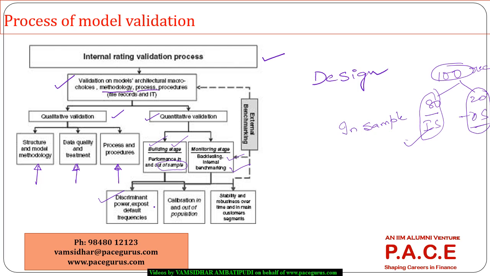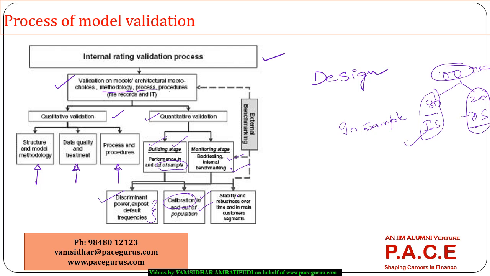We are looking at ex post default frequencies to understand the accuracy of the model. Then we are also doing the calibration both in the population as well as out of the population. We take the data from in the population as well as out of the population, and look at the calibration of the various parameters of the model. The stability and the robustness over time is also one more thing that we are looking at.